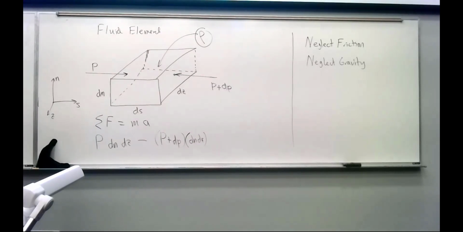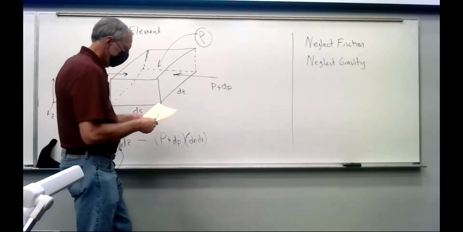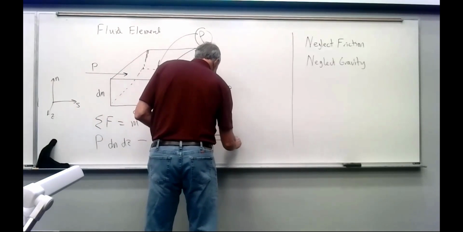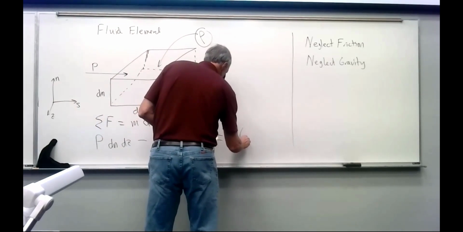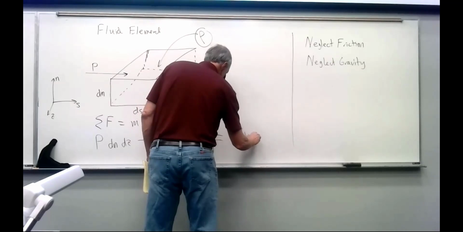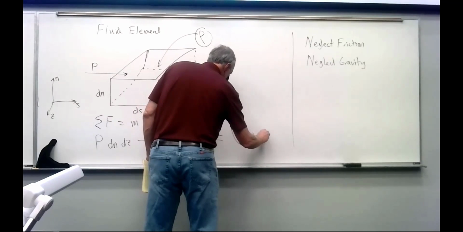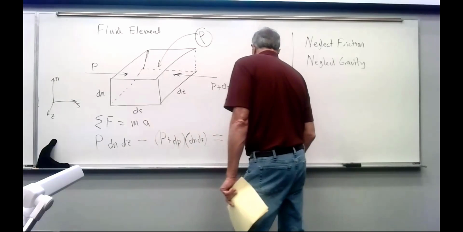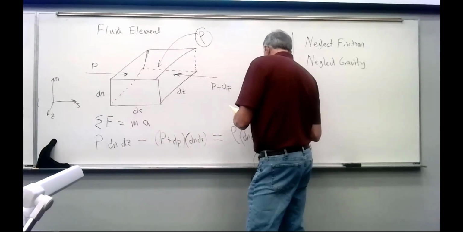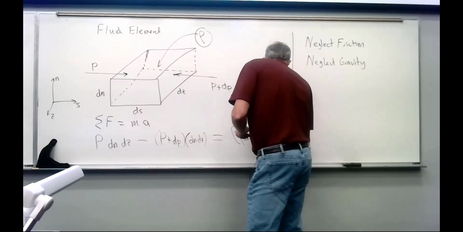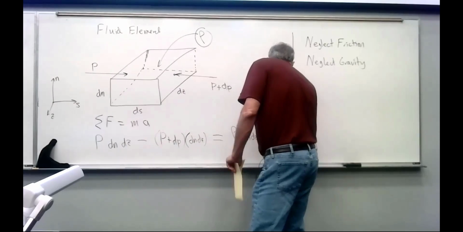So there's our net force. So sum of the forces is equal to the density times the volume. And then the acceleration is change in velocity with respect to time.